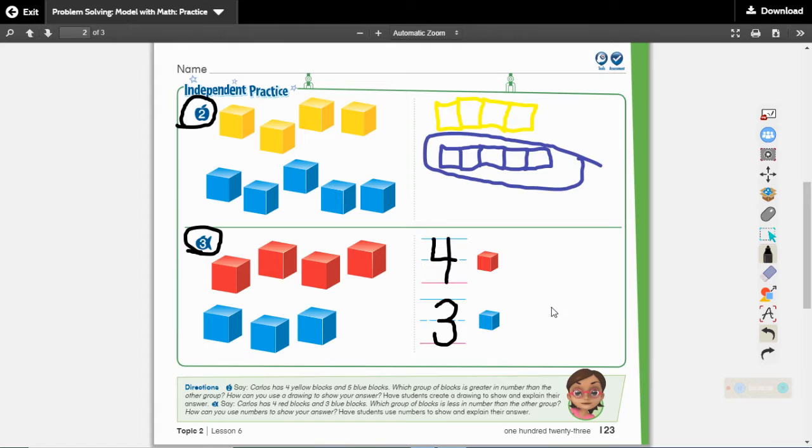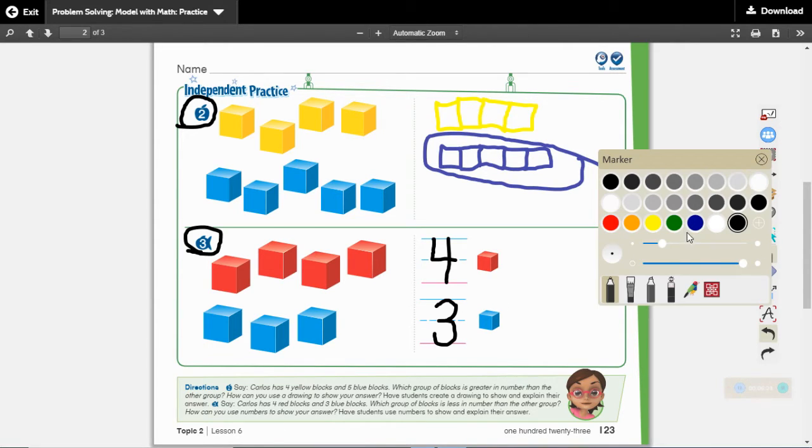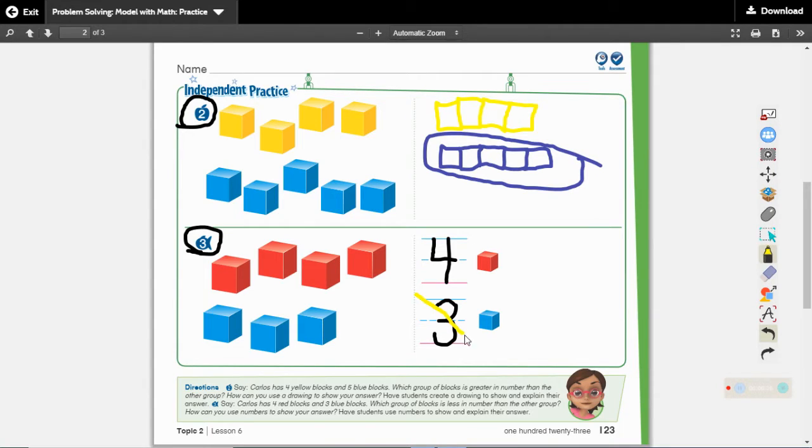That is how we write a 3. Now look at our two numbers. Do you know which number is less? Which number is smaller? It's the 3. The 3 is smaller, so we're going to put an X on the 3 because it is the smallest number.